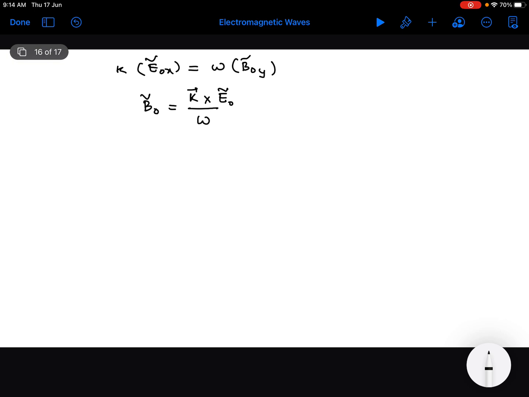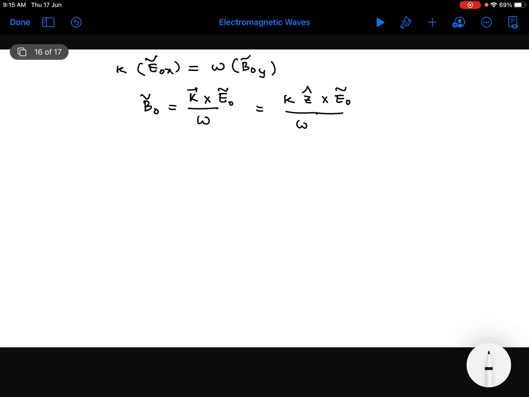In this case we assume that the wave is propagating along z, so k times E0 by omega. Knowing the direction of wave propagation and the direction of the electric field, we can fix the direction of the magnetic field. So this is a relation between the electric and magnetic fields.